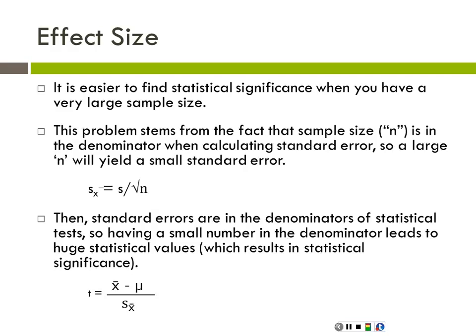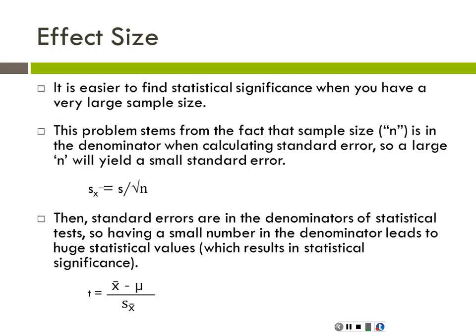And the reason for this is that sample size is the denominator when we're calculating standard error. So all things being equal, here's our standard error formula. All things being equal, the larger the sample size you have, the smaller the numerator of the standard error, right?